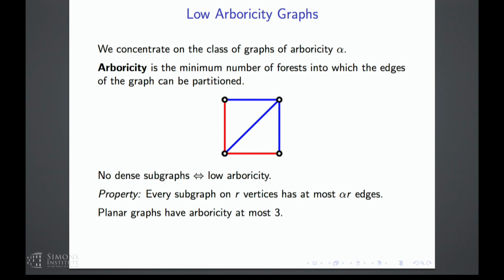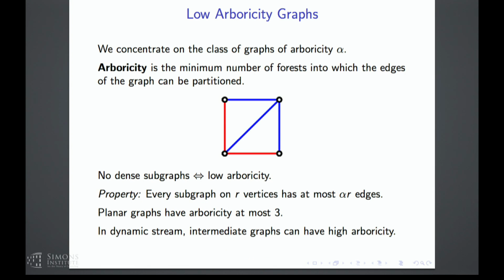For example, in social networks, there might be some dense subgraphs corresponding to friend groups and communities. However, the size of those groups is relatively small compared to the size of the entire network. So we can say that there is an upper bound on the arboricity of that graph. And also, another well-known class of graphs of low arboricity are planar graphs, which have arboricity at most 3.